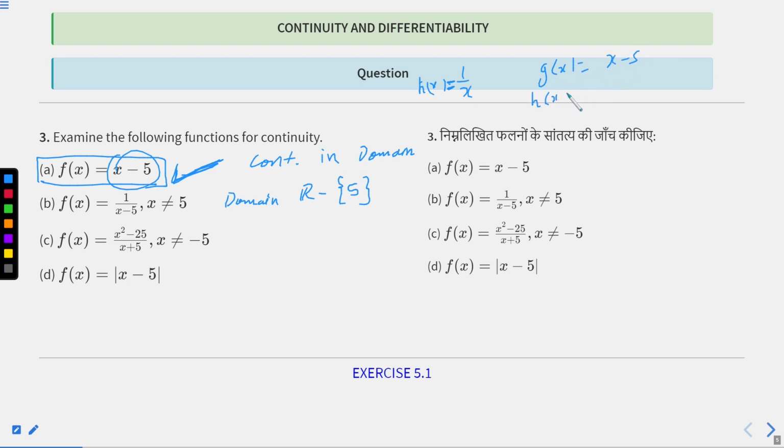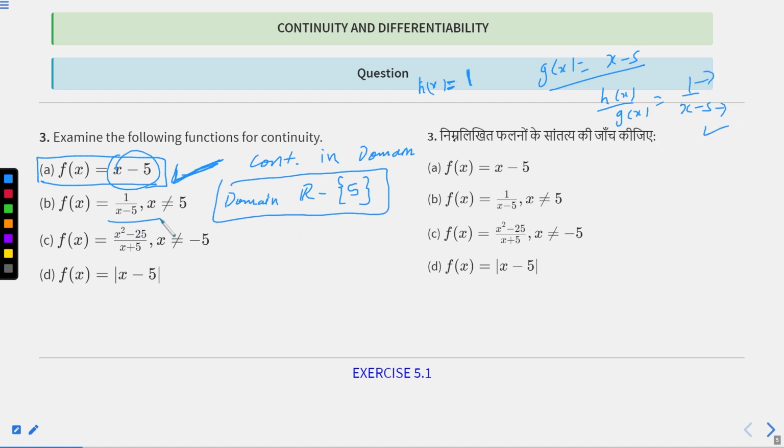And if you take h(x) by g(x), that is, if you define h(x) to be 1 and g(x) to be this, then h(x) by g(x) will be the function 1 by x minus 5. This is continuous in this domain. This means the whole thing will be continuous. So far so good.